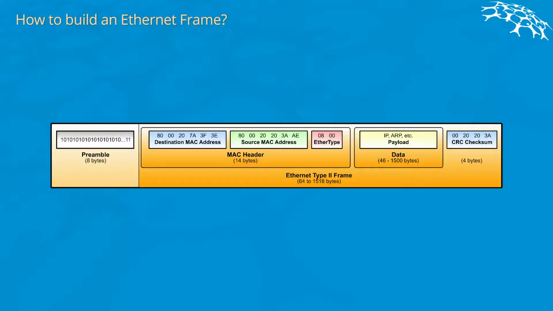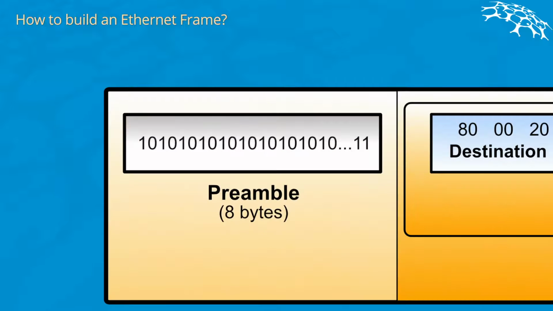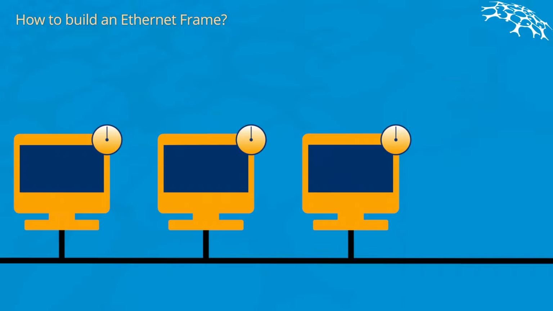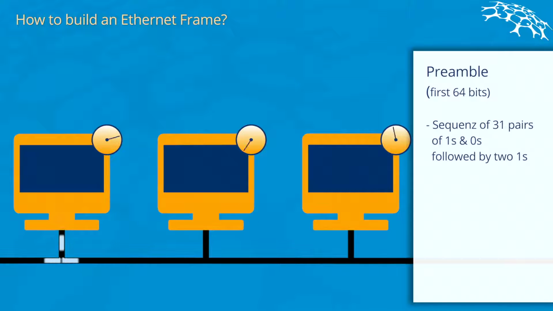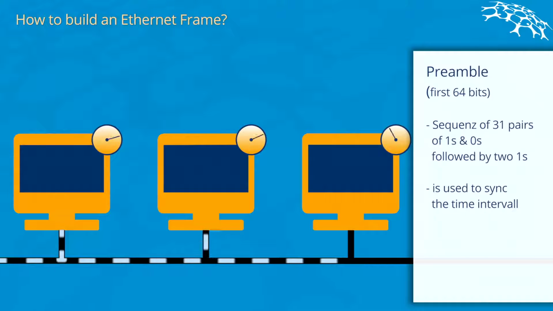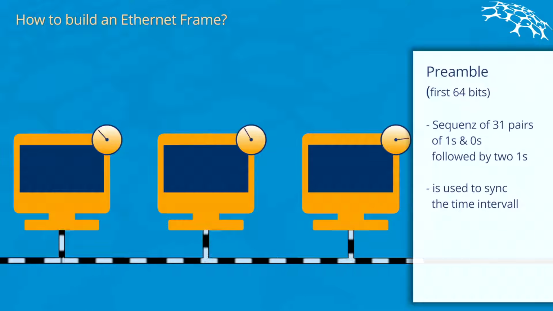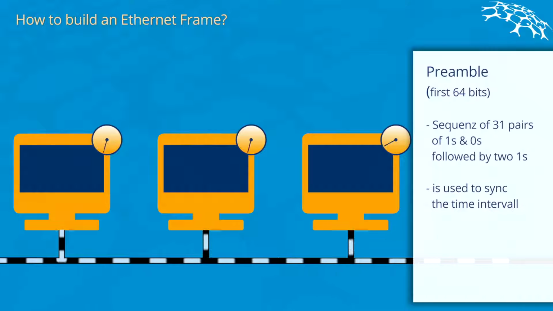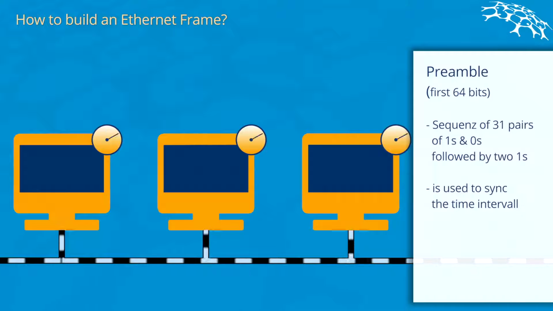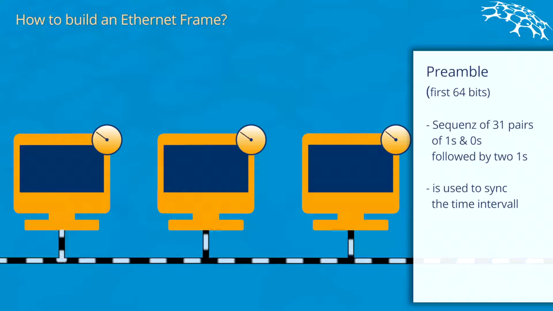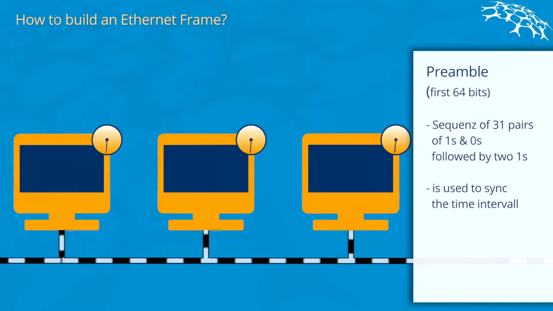So let's start at the very beginning with a preamble. The first thing that the preamble does is it puts a sequence of ones and zeros on the network. This is made to find out how long one bit should be. You put 64 bits in the preamble, and you always do 10 10 10, and you do this with your own clock and time.